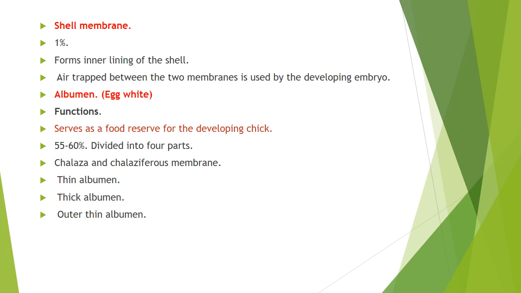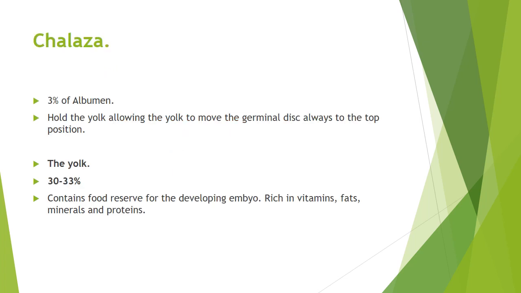Now, between the albumen and the shell membrane, we have an air space. That air space is created by the membrane and the albumen, and the air space allows for gaseous exchange. Another is the chalaza. The work of the chalaza is to hold the yolk in position.